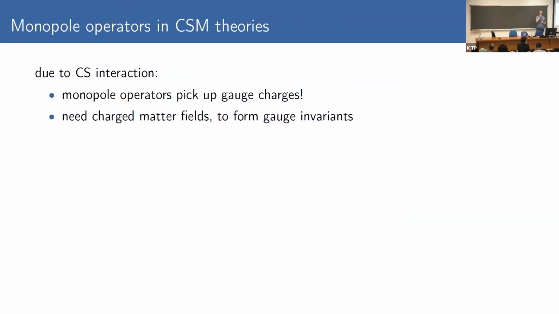Now, there's a problem if you go to Chern-Simons theories, because now the monopole operators pick up gauge charges. Right, so the argument that we made on the standard Coulomb branch, that the monopole operator is gauge invariant and already defines a good chiral operator, is not quite true anymore. We actually need charged matter fields to make gauge invariant combinations out of these objects.